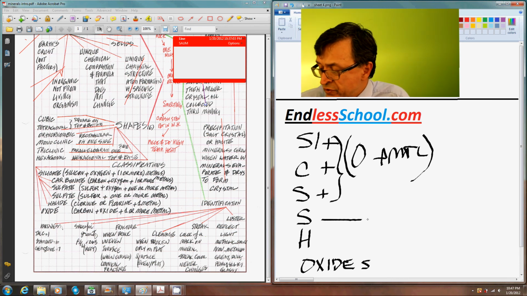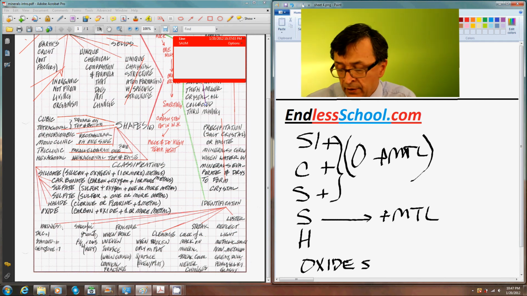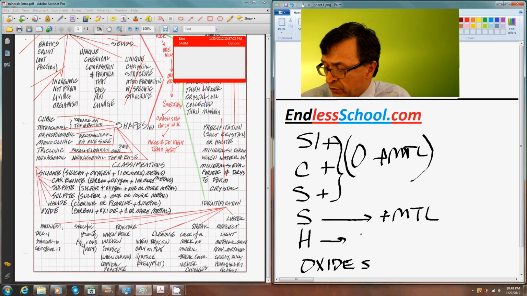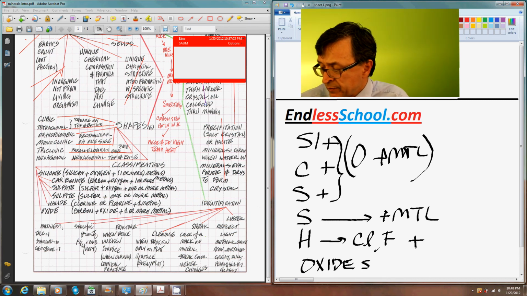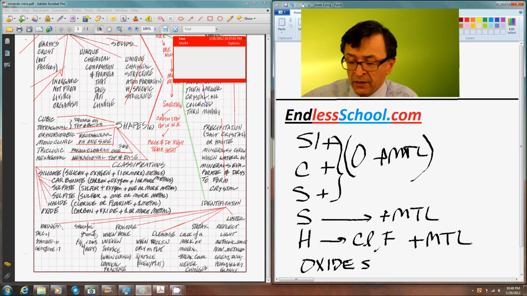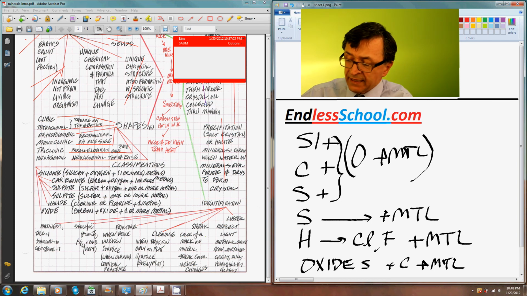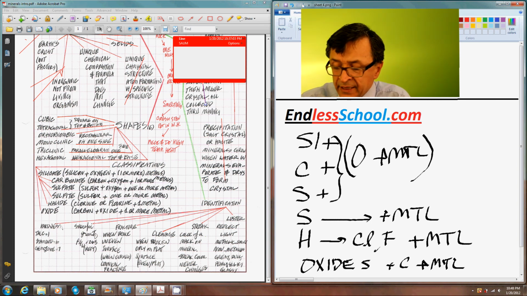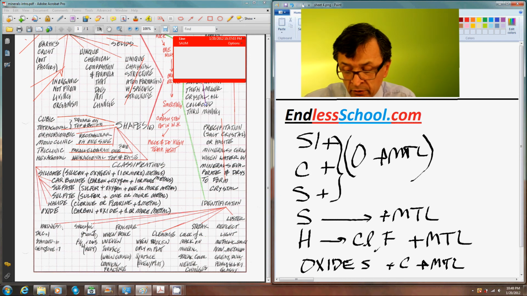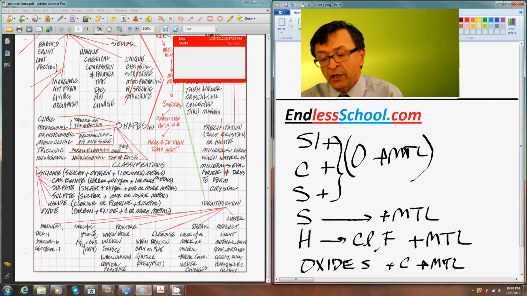With sulfur, if you simply add metals, you will have sulfide. With halide, you need either chlorine or fluorine plus metal. And with oxides, you need oxygen plus metal. So SCSSHO, or silicate, carbonate, sulfate, sulfide, halide, oxide gives you your classifications.